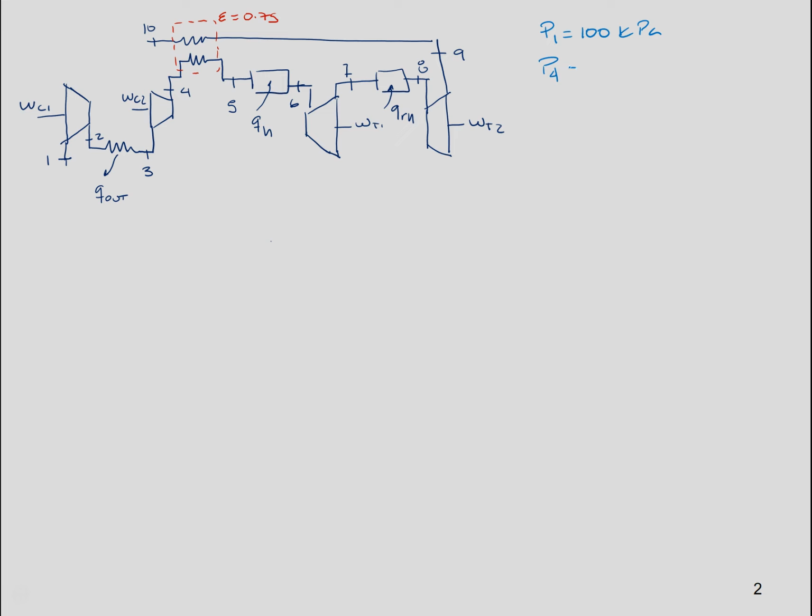First of all, the problem only tells us that P1 is 100 kilopascal and the total pressure, P4, is 1200, but it doesn't tell us what the intermediate pressure is.